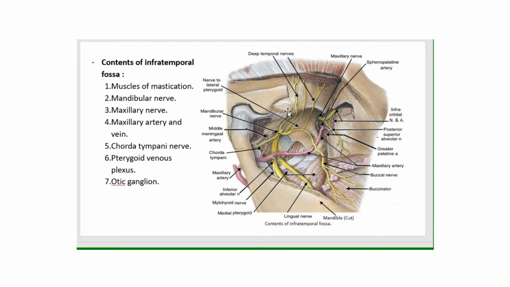These are the 3 temporal branches from the anterior division of mandibular nerve, passing deep to the zygomatic arch to supply the temporalis muscle.